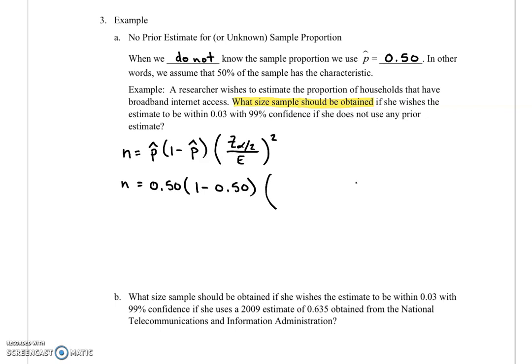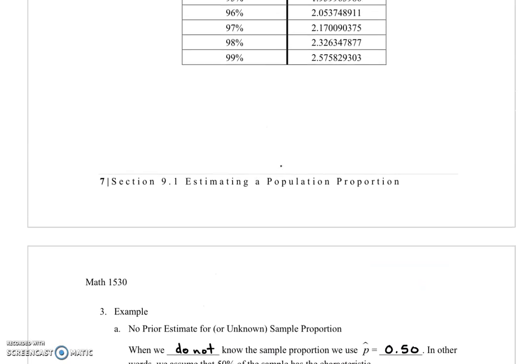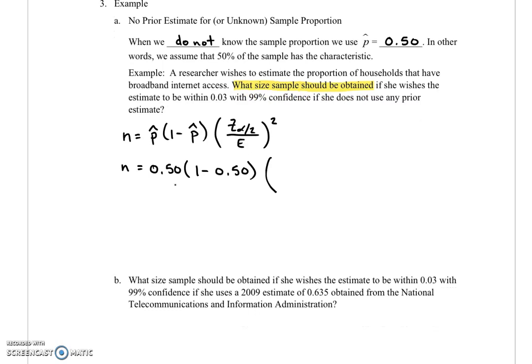Now let's see. Our z alpha over 2. And we want to write this whole thing down because it's more accurate if we do not round our critical value. So for 99%, we can go back up here and look. And here it is. So to write that down, we have 2.575829303.